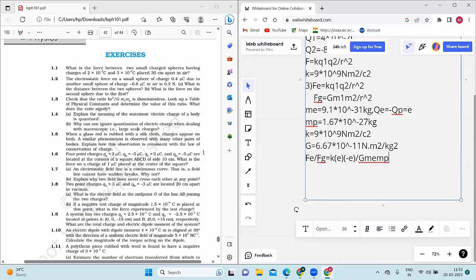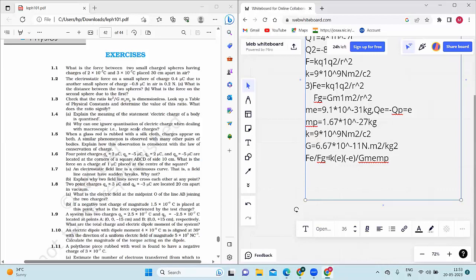This is the ratio given in the question, Ke square by G Me Mp. That is the value of the electrostatic force by the gravitational force acting between a proton and an electron.